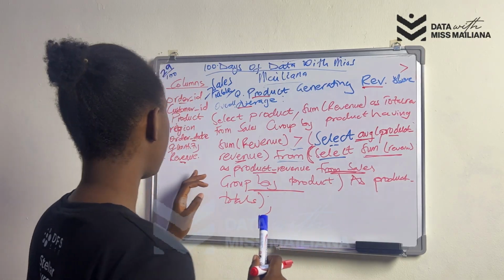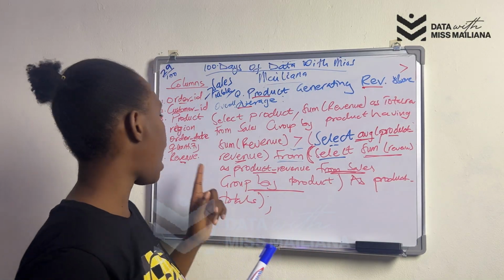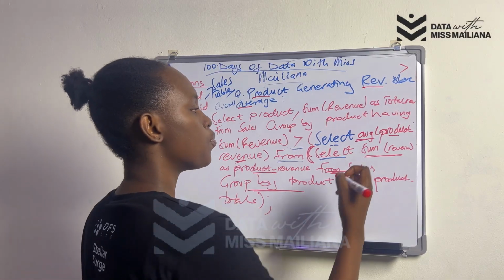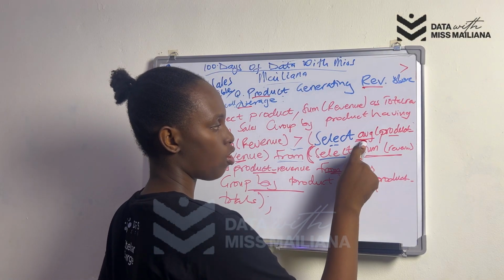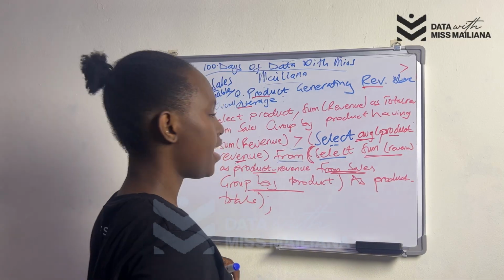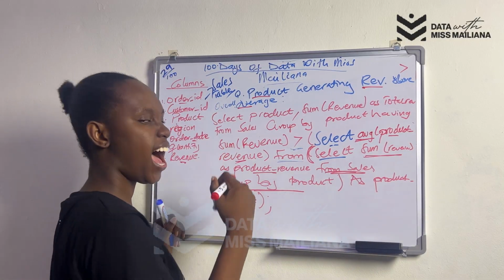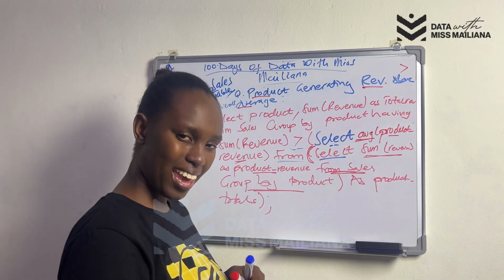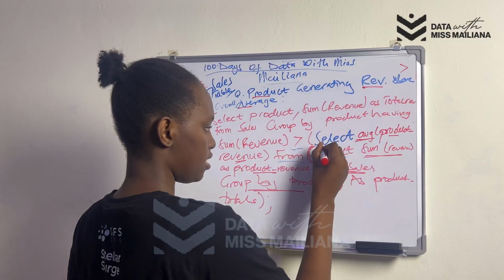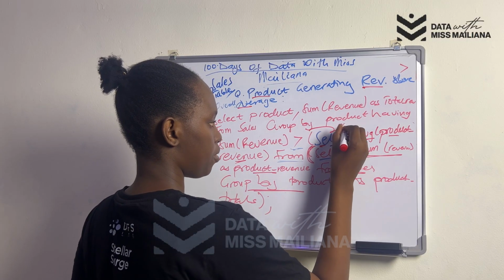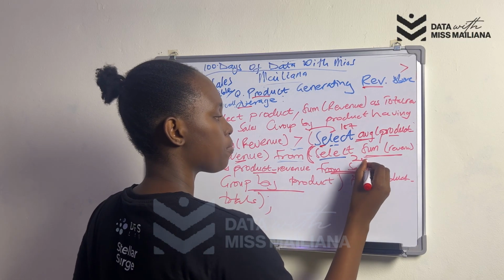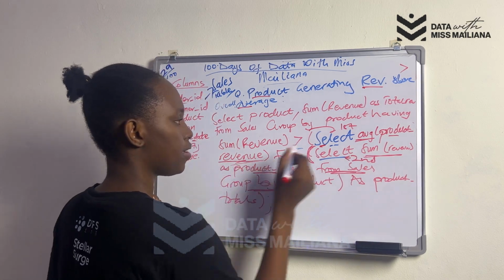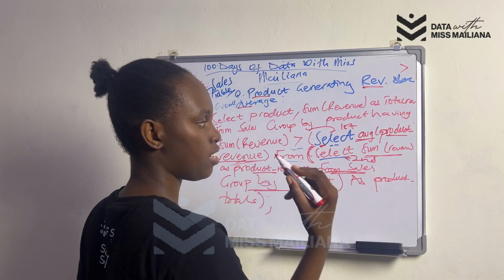You are not just calculating average by quantity, you are calculating average of the revenue by product. So to do that, we select the average of product revenue. And there's nothing like product revenue here. So we have to create or calculate the product revenue, which brings us to our second subquery. So our first subquery is this, right? Then our second subquery is this, which is used to calculate the product revenue.